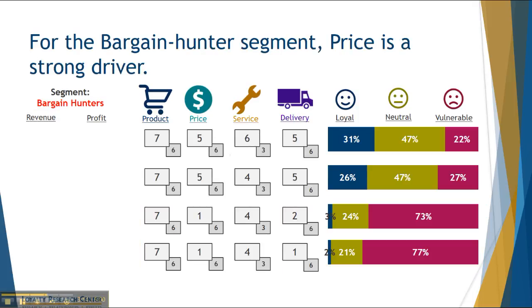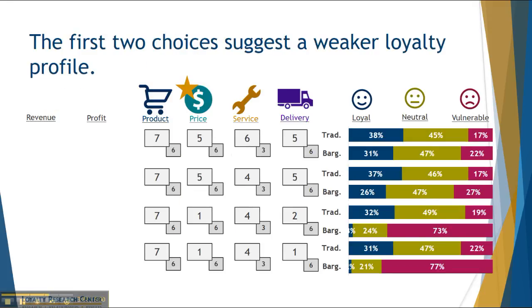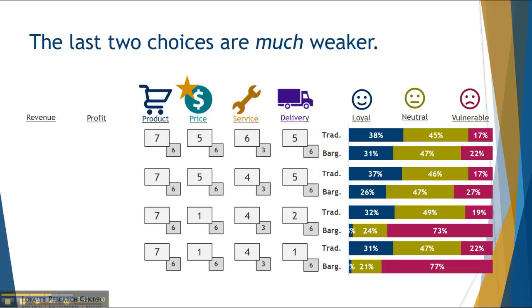These results therefore support the original assertion that for the bargain hunter segment, price is a strong driver. When comparing results to those for the traditional segment, note also that the first 2 choices in the bargain hunter segment suggest a somewhat weaker loyalty profile, while the last 2 choices are much weaker.